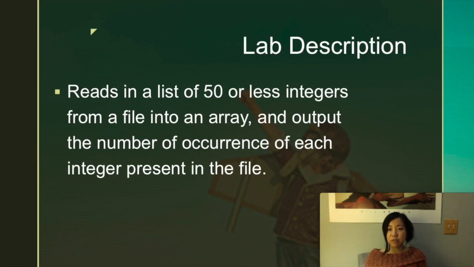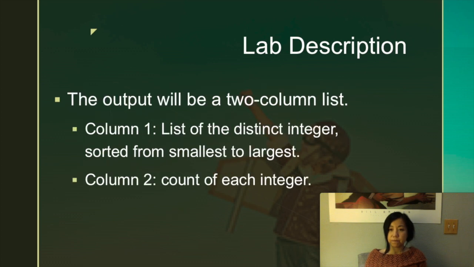So the description of the lab: we are going to read a list of 50 or fewer integers from a file into an array, and then we would output each number that has been repeated and its occurrence, like how many times it occurred in the file.